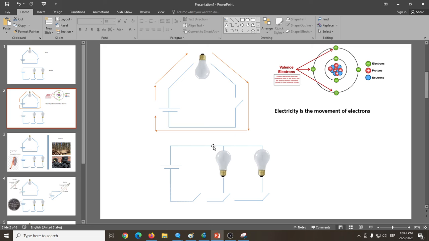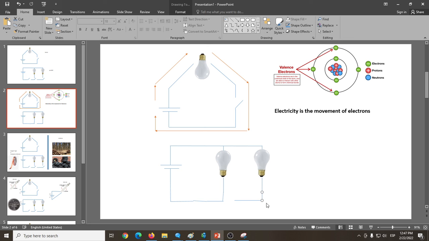So one group of electrons goes here and the other group goes here, and that's the reason why we can say that this is a parallel circuit, because the electricity is divided. In this case it is divided in two groups, one here and one here. Of course, you must close all of the switches.